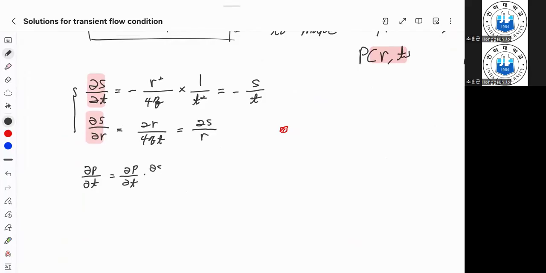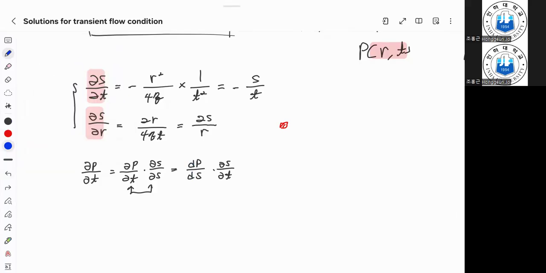This is equal to partial P over partial s, switching the denominator, which ends up as dP/ds times partial s over partial t. Please note that I use this small d, not the partial, because when we take the derivative of P with respect to s, P is now only a function of s, so we don't need the partial derivative here.